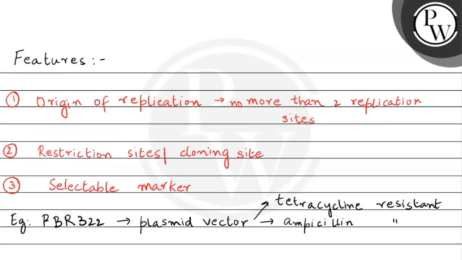So the final answer for the given question is option number 1, that is more than two origin of replication. Hope you understood this well.